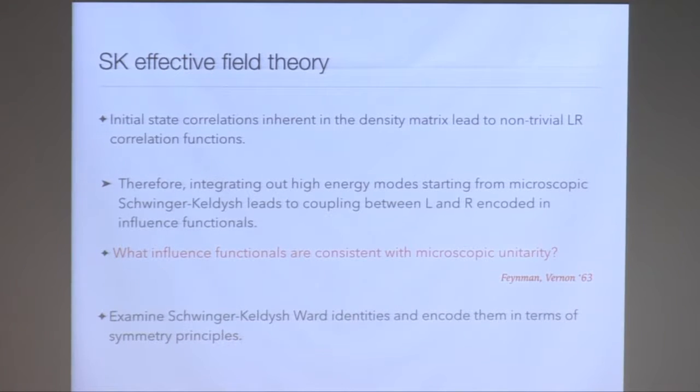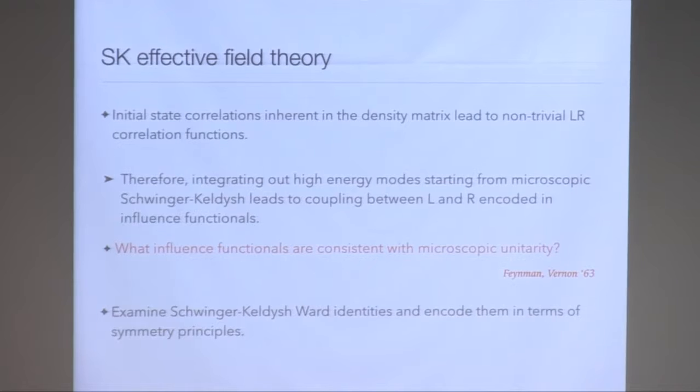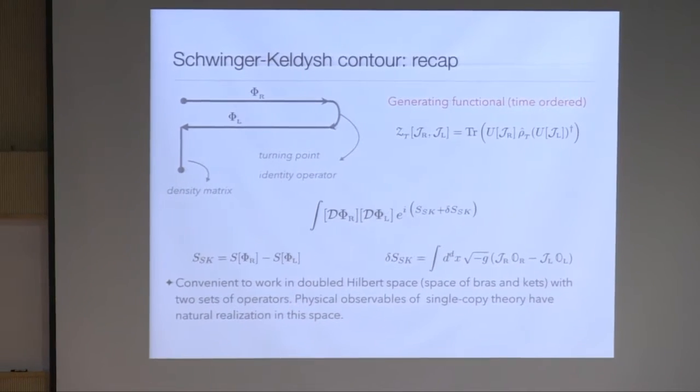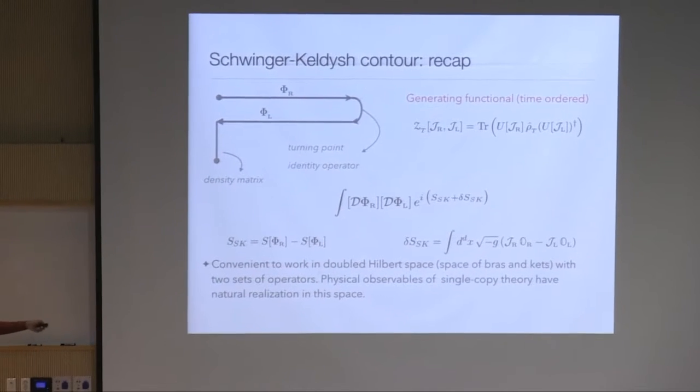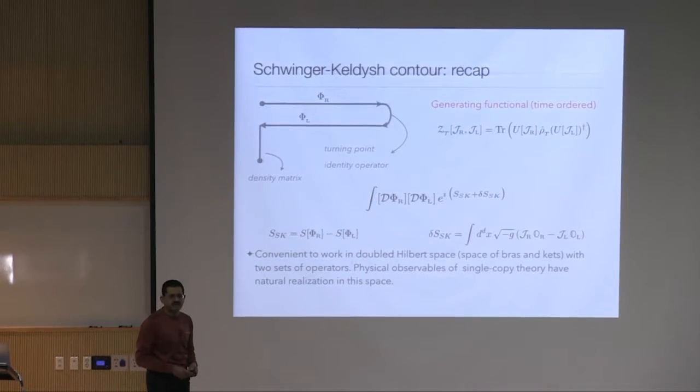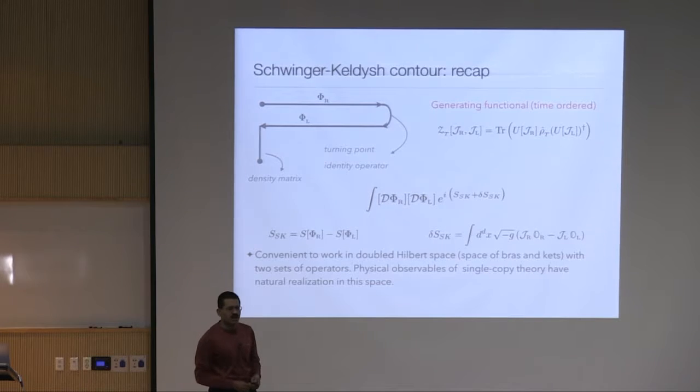So we want to have the freedom to be able to integrate out a set of what we would consider irrelevant ultraviolet degrees of freedom. The trouble is, in this Schwinger-Keldysh functional integral, we could just say, well, just go ahead and split phi right into phi right UV and phi right IR, phi left into phi left UV and phi left IR. Just integrate out phi right UV and phi left UV.